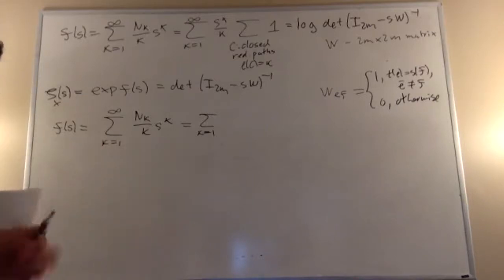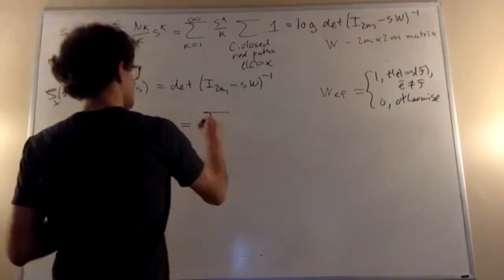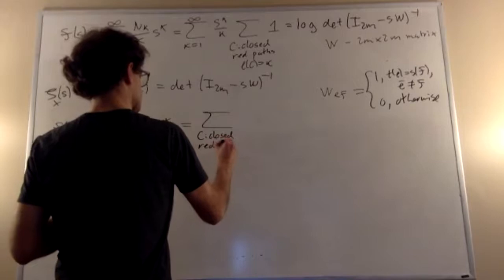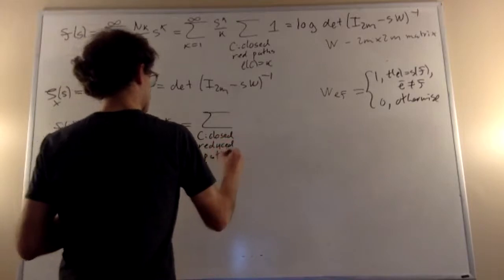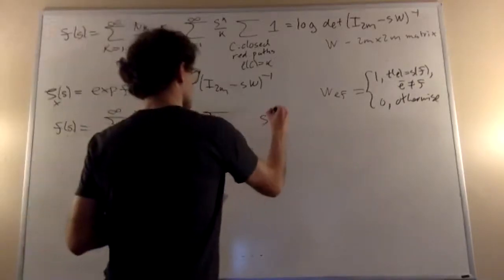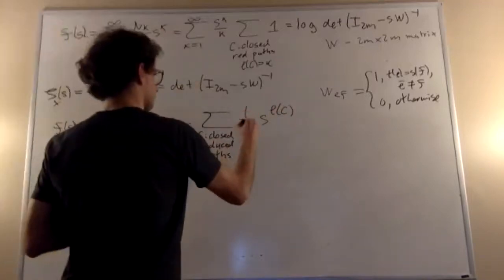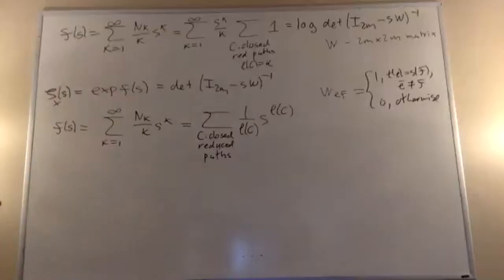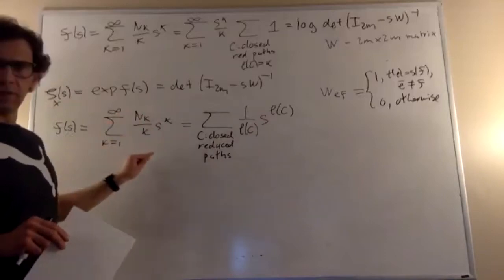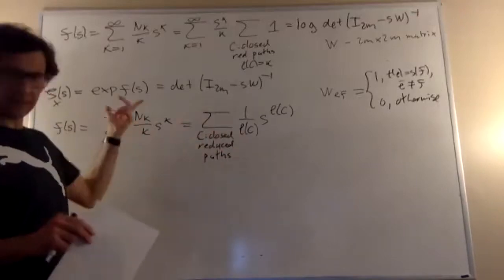This is the same thing as the sum over all C, so these are closed, reduced paths. And what am I summing? I'm summing s to the length of the path, and I'm dividing by the length of the path. So if the length of the path is k, then this expression contributes 1, s to the k over k. So if nk is the number of paths of length k, then that's how many contributions I have.